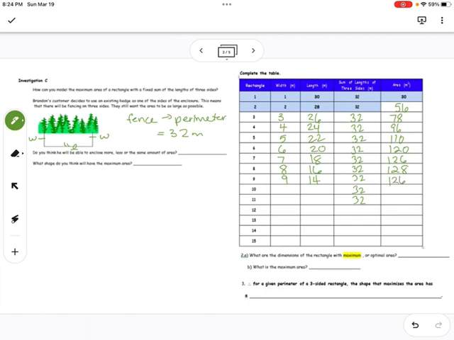Okay, so what we've noticed here is that our area has gone back down again. So without continuing any further, we can continue to calculate as we go down here. But our area is going to get less and less every time. So we've actually found our maximum area right here of 128 meters squared.